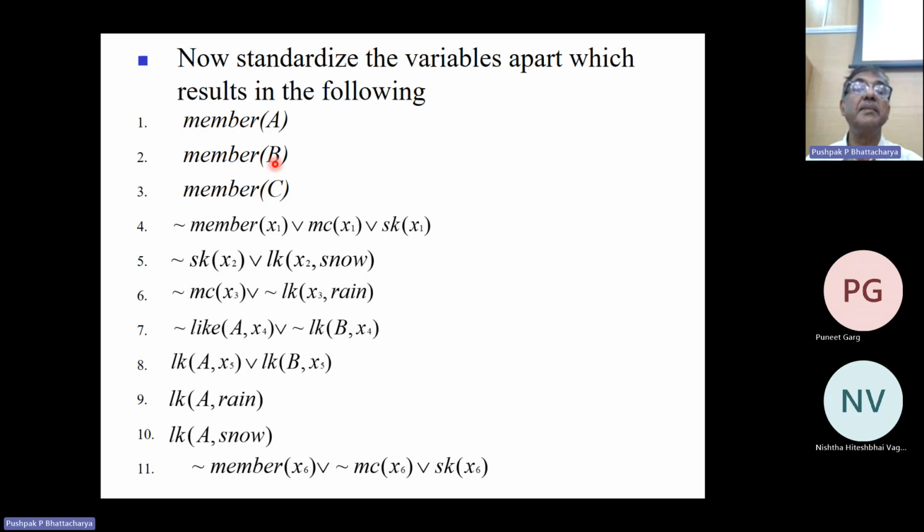So member A, member B, member C, not member(X1) or MC(X1) or SK(X1). See what has become of the statement that every member is either a mountain climber or a skier: that sentence has become not member(X1) or MC(X1) or SK(X1).